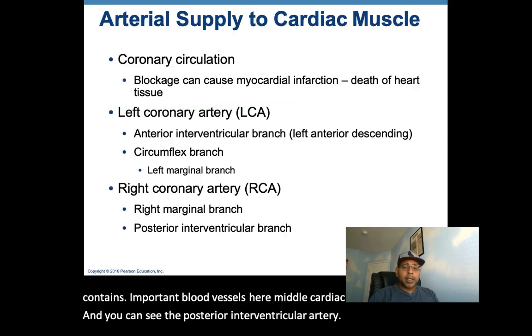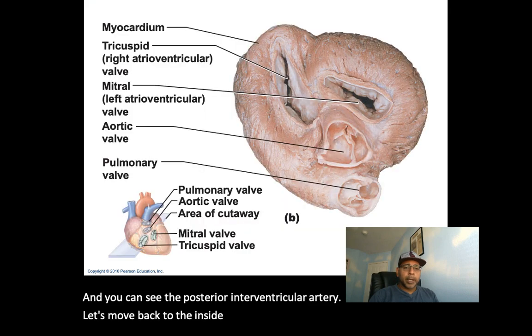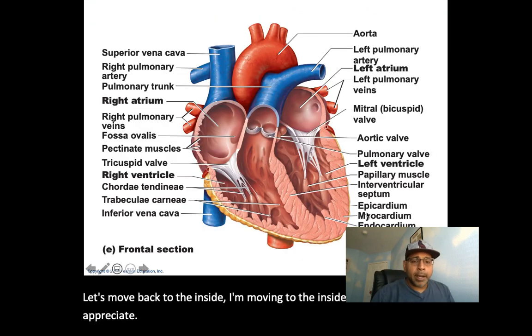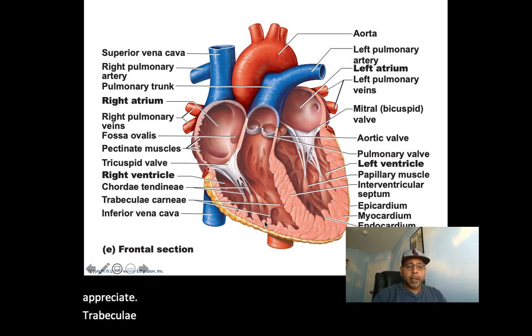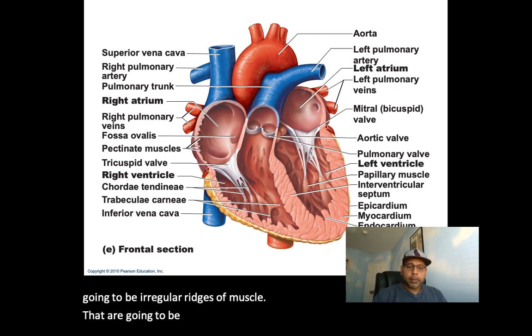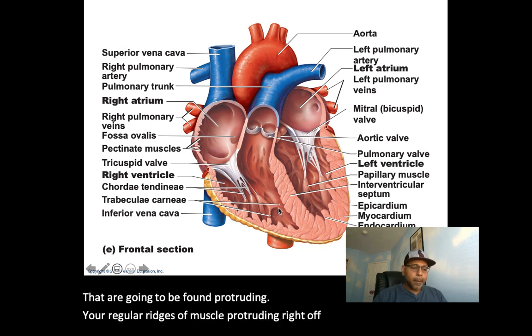So let's move back to the inside. Now, moving to the inside here, we can appreciate trabeculae carneae. Trabeculae carneae are irregular ridges of muscle protruding right off the surface of the internal walls.